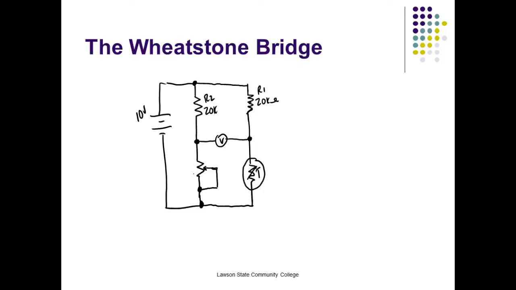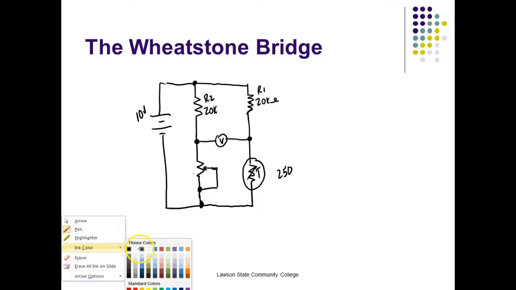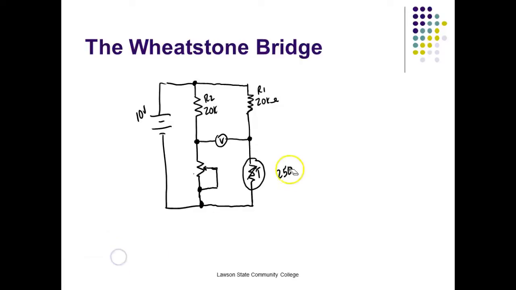Now what we can do right here is, let's say, 100K at room temperature. So let's say this thing goes up to 250K. I can't do it that way. So let's say I can't immerse it in water.